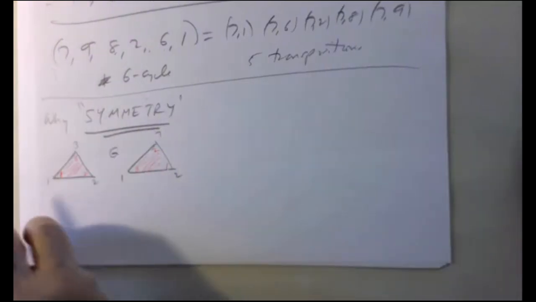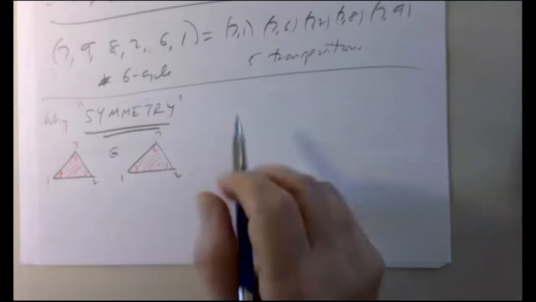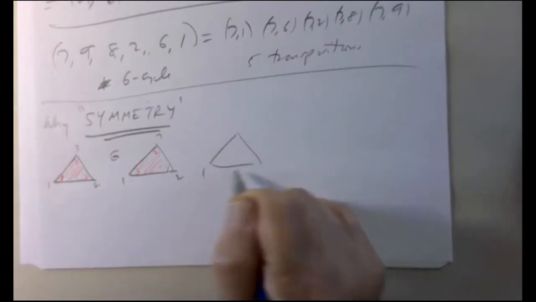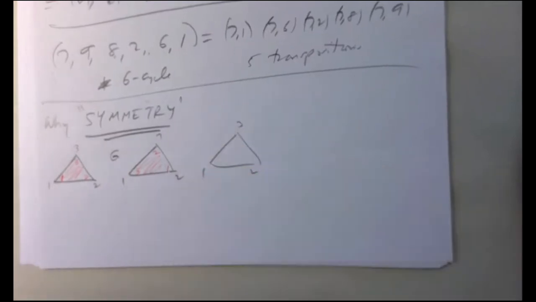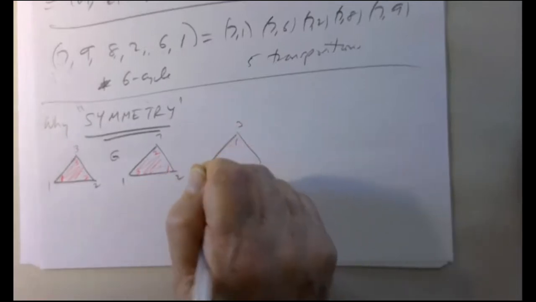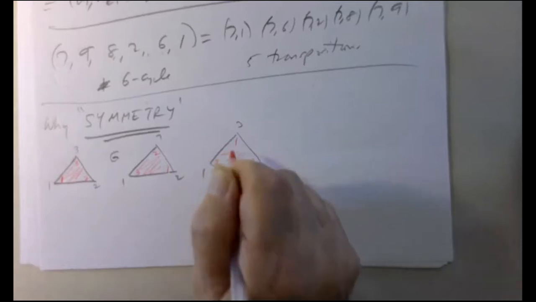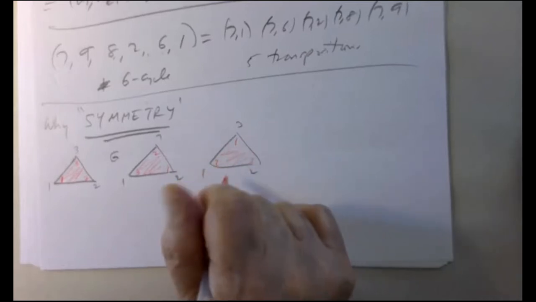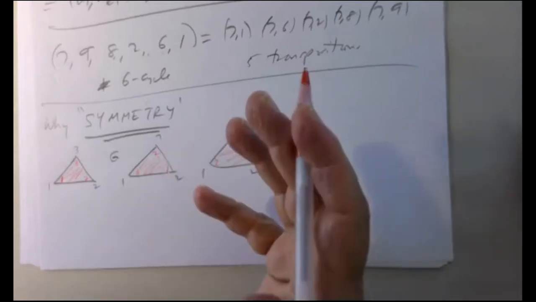I can rotate it or twist it or whatever. What else could I do? I could rotate it again. So then 1, 2, 3. I have this way. So these are all, you might call these symmetries of the triangle.